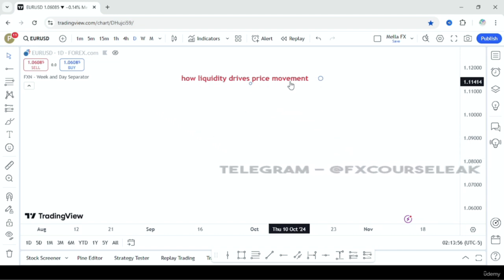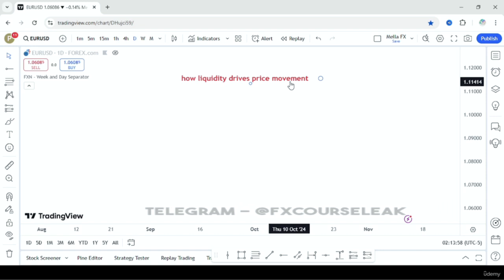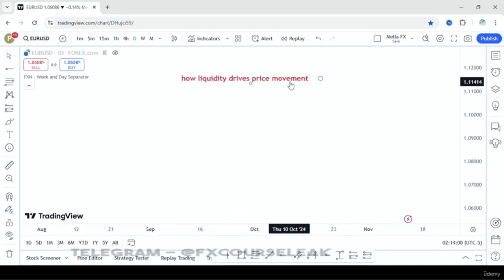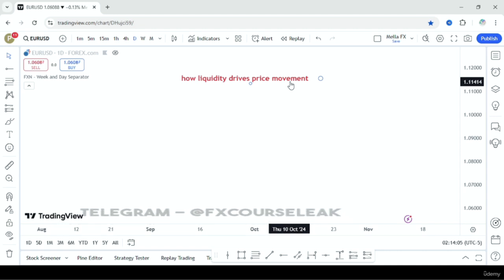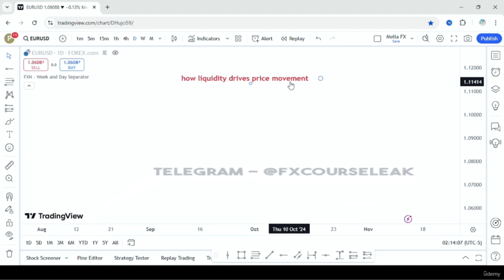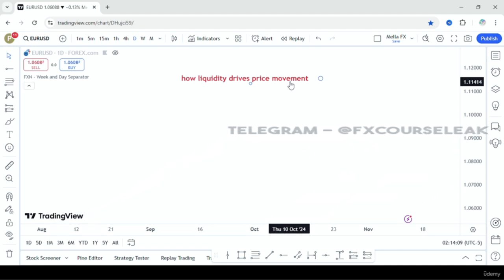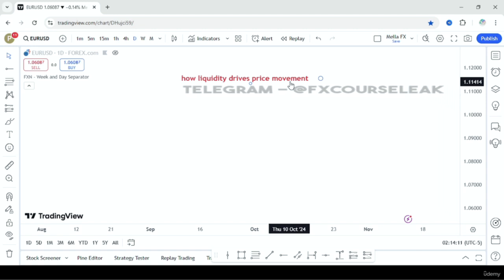What the market basically does is run to an area of liquidity from one point to the other, and of course the market has to move from a premium market to a discount market.